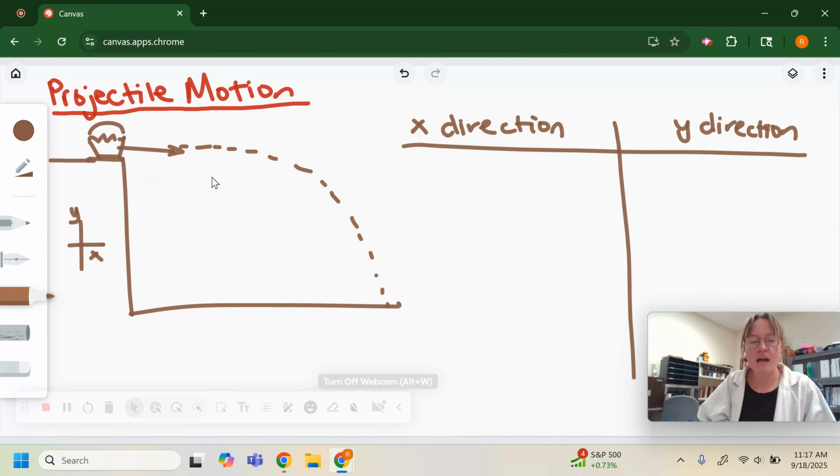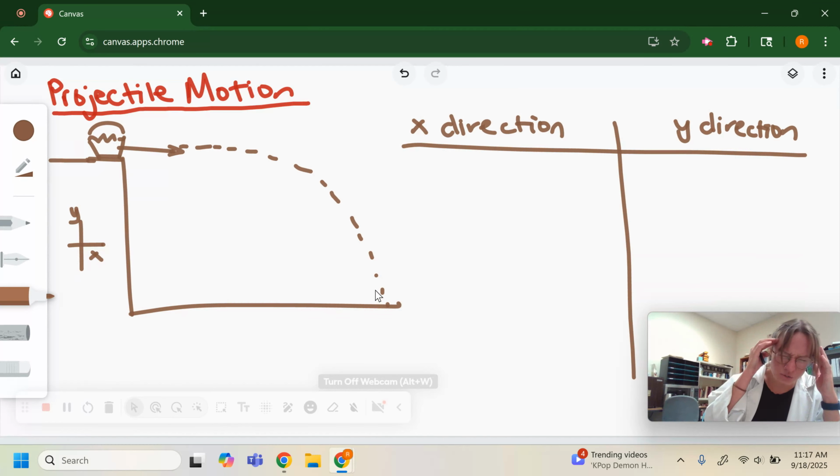Now first, I want to start by talking conceptually about what happens in the x direction and what happens in the y direction. Let's start with the y direction. As this muffin falls, can you picture its motion in just the y direction? Obviously, in the x direction, it's moving forward, but could you picture the motion of this muffin in just the y direction if we were ignoring the x direction, if we weren't thinking about it at all?